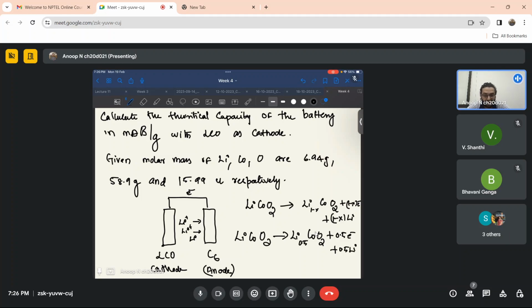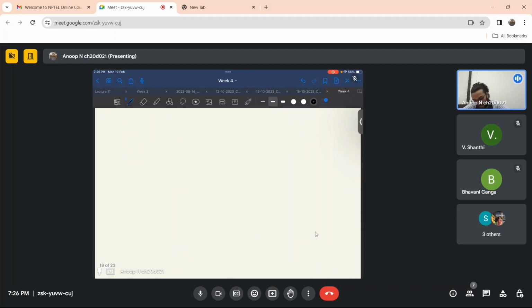So what will be the capacity in milliampere hour? Here, what is the charge of 1 mole of electron? 96500. So what is the value corresponding in ampere hour?